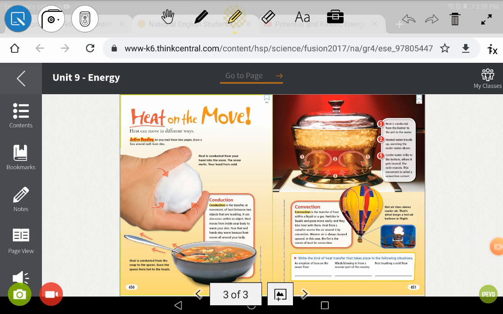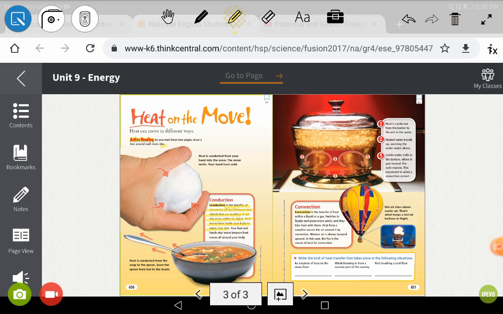Now conduction is a transfer or movement of heat between two objects that are touching. It can occur within an object. Heat moves from inside your body to warm your skin. This is an example.